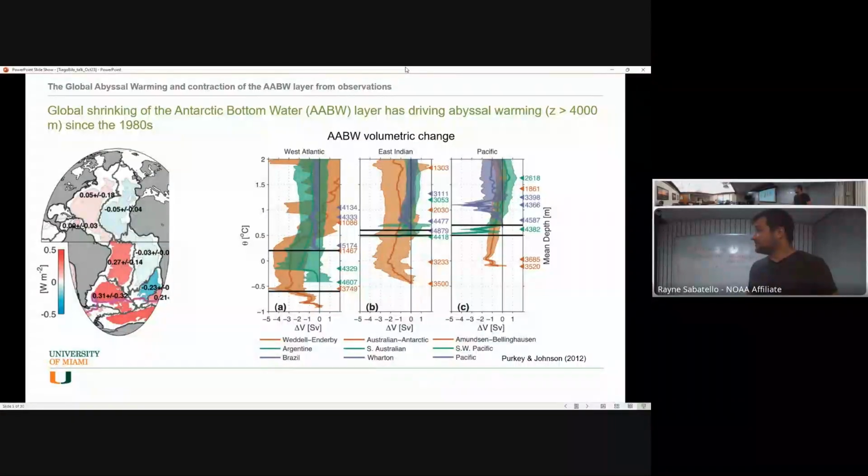They used vertical motions of the isotherms to quantify it.